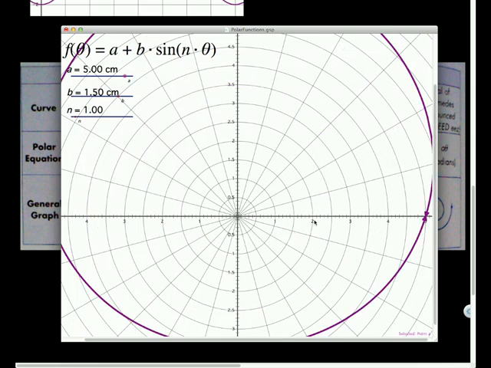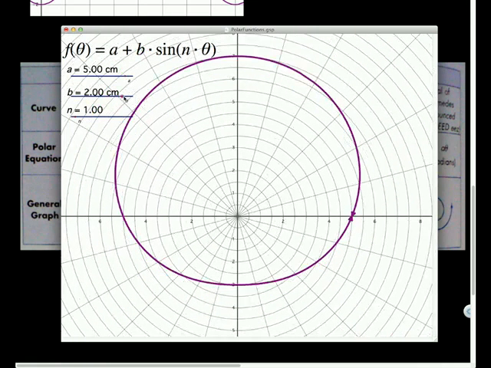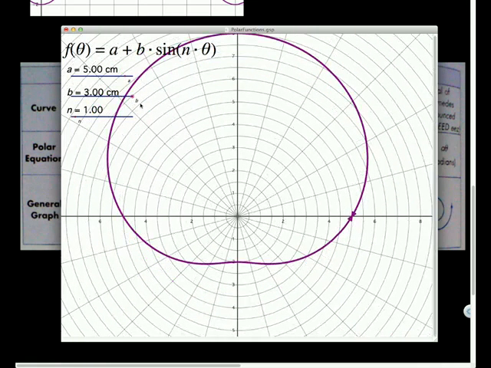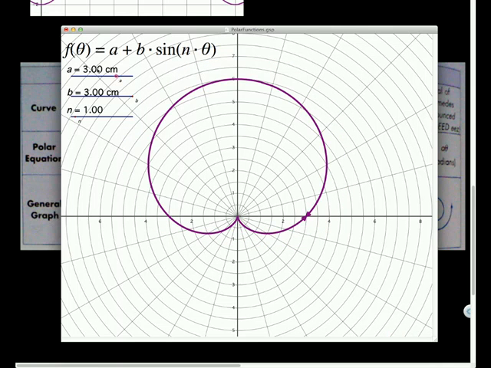Let's scroll out. So you can see I can get a different sized dimple there. And here's another type of limacon, and anytime that a and b are equal, that's when it will become a cardioid, where it has the cusp there.